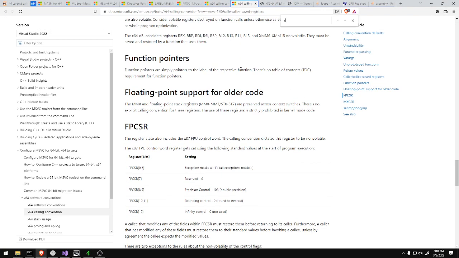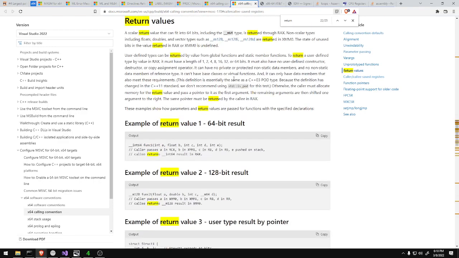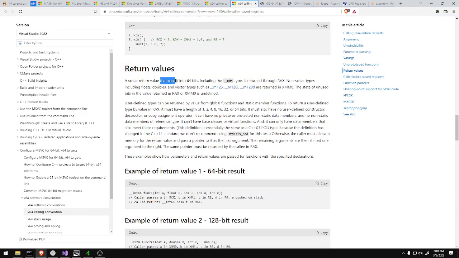So first let me check here and see if they say. A callee that modifies them must restore them. A scalar return value that fits into 64 bits, including __m64, is returned through RAX. Non-scalar types, including floats, doubles, and vector types, are returned in XMM0. The state of unused bits in the value returned in RAX or XMM0 is undefined. User-defined types can be returned by value from global functions and static member functions.